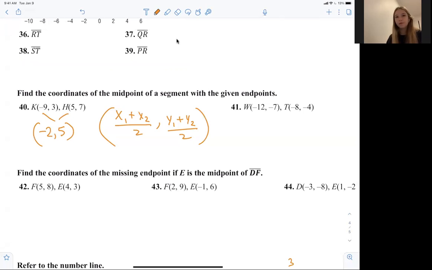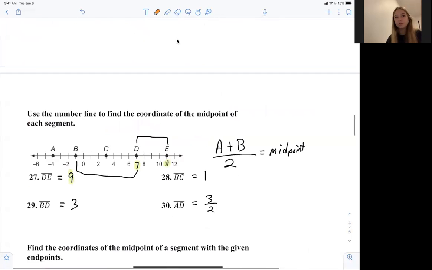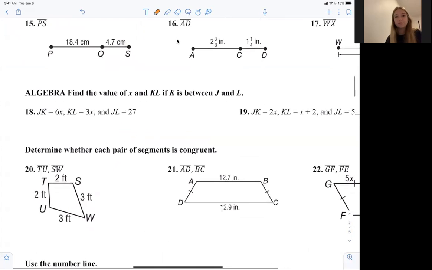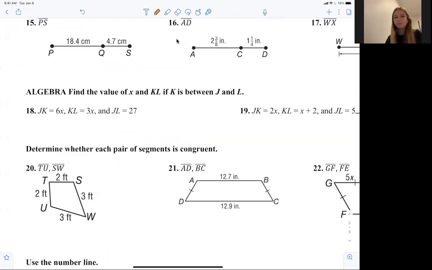Anybody else? Can you go over 18 or 19? Let's look. Find the value of X and KL if K is between J and L. The segment addition postulate tells you that if K is between J and L, you should write JK plus KL equals JL.